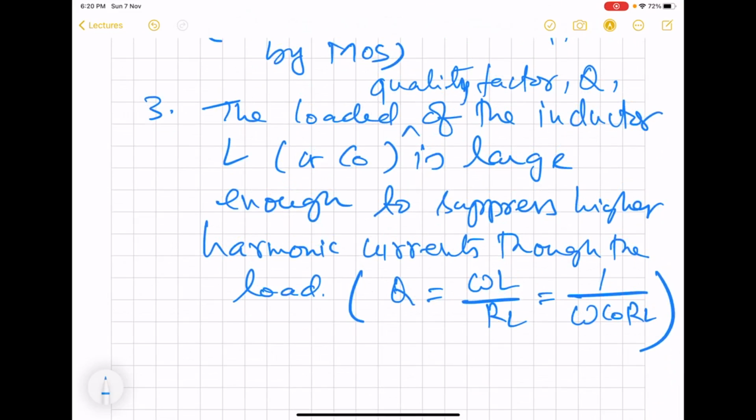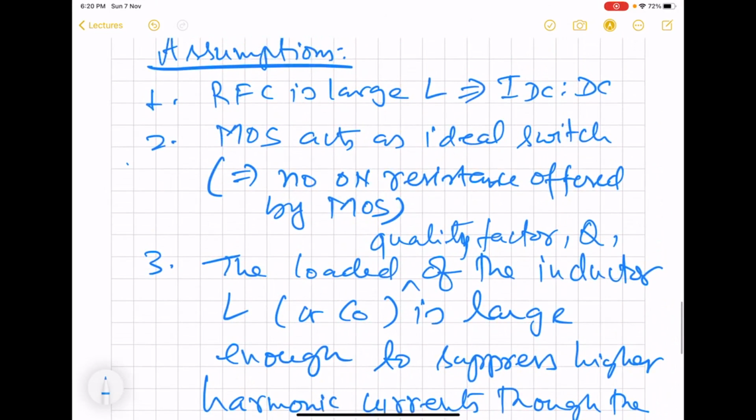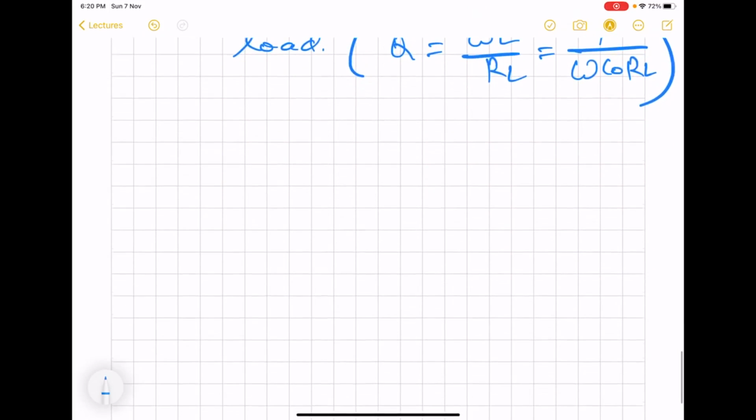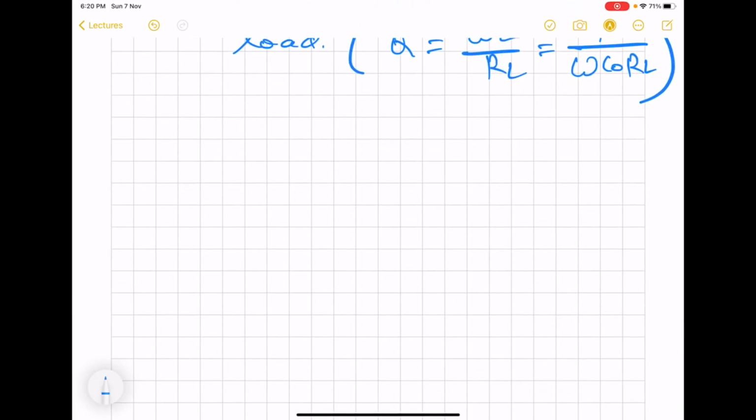Okay, so in these assumptions, we are not going to take the resistance offered by the MOS in the on state. But as was pointed out, this class E amplifier basically tries to tackle this loss resulting from this R on resistance. So what happens? Suppose we have this MOS here and there is a shunt capacitor.